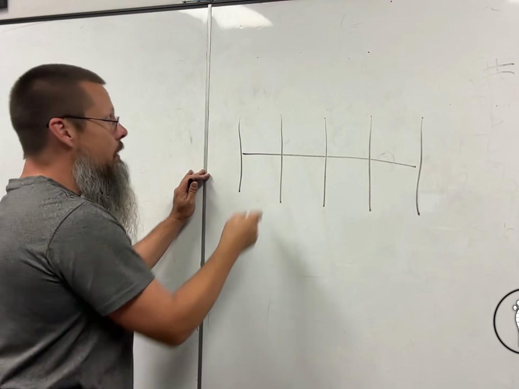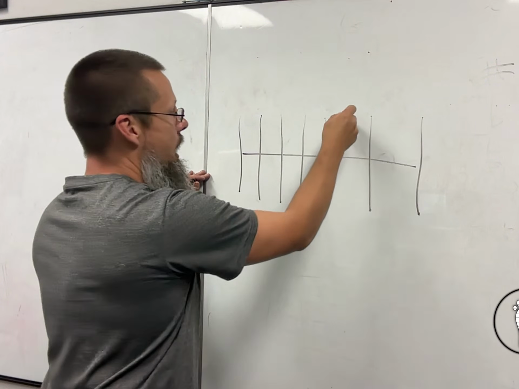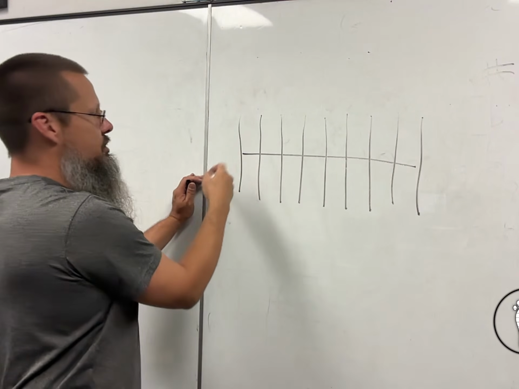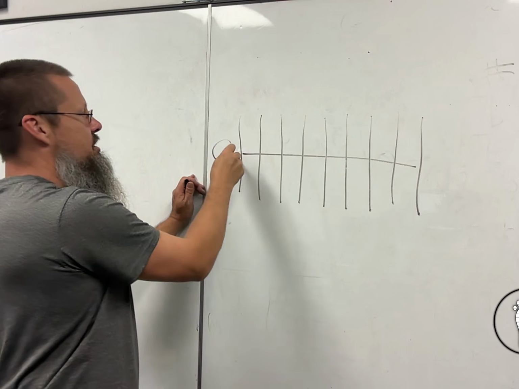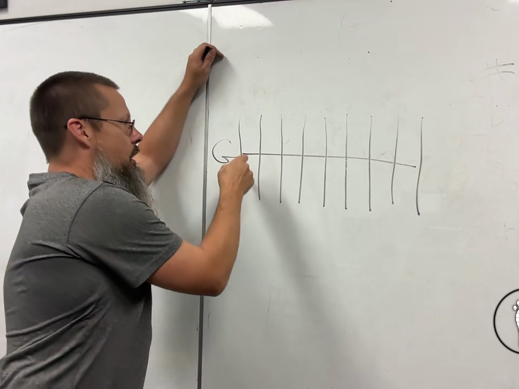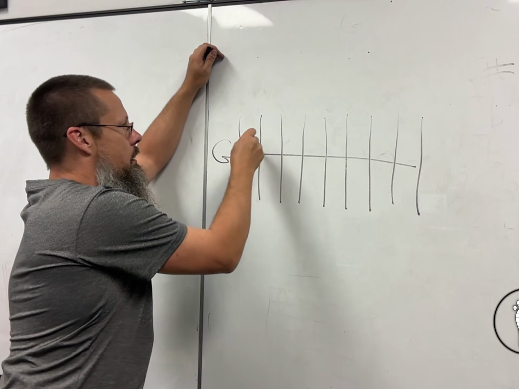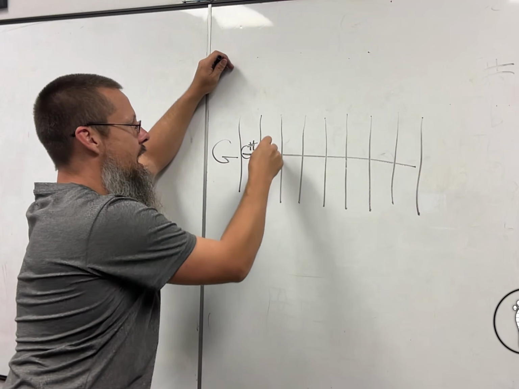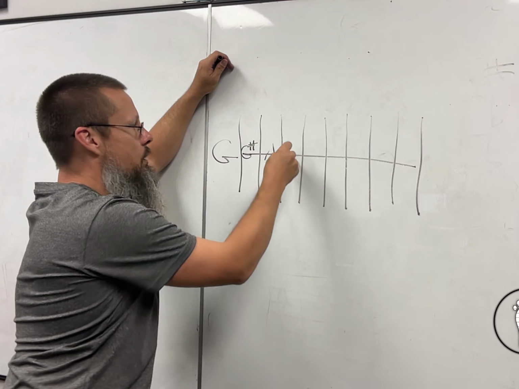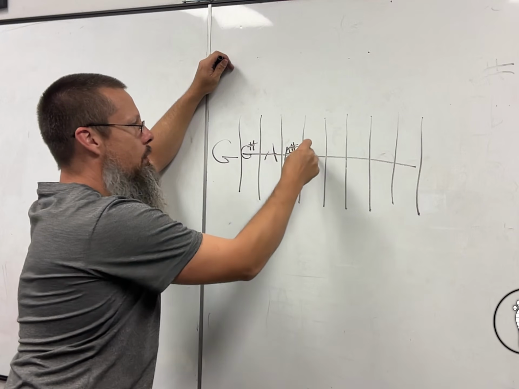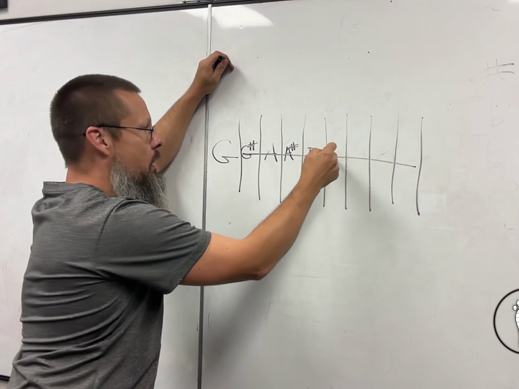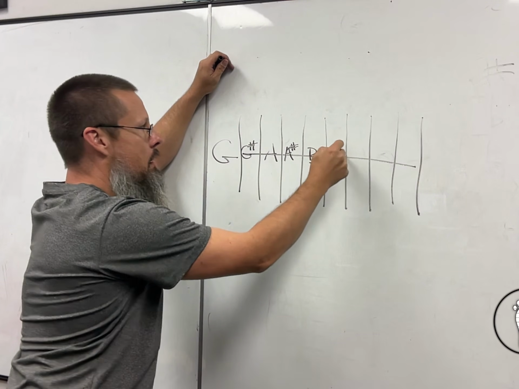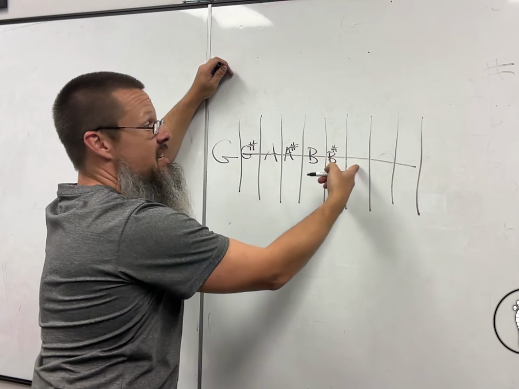On most of our fretboards, what we have is a single string. Let's just call it on this mandolin the G string. Our G would go to a G sharp, and then we would go to an A. The A would go to an A sharp, and we would go to a B. The B would go to a B sharp, and then we would go to a C sharp.